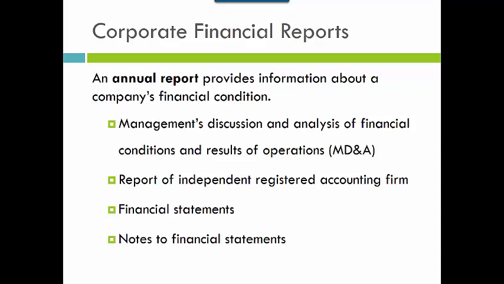It also includes a report from an independent registered accounting firm, so somebody else looked at these numbers, the financial statements, and then the notes to the financial statements. And the notes will include details on how they calculated these things. So the inventory method they use, FIFO or LIFO or weighted average, the depreciation methods they use, all of those things.